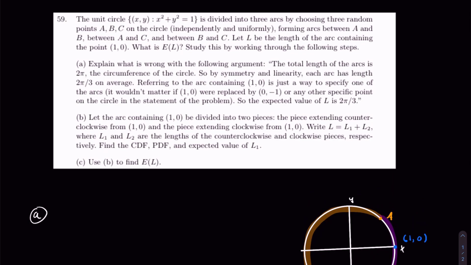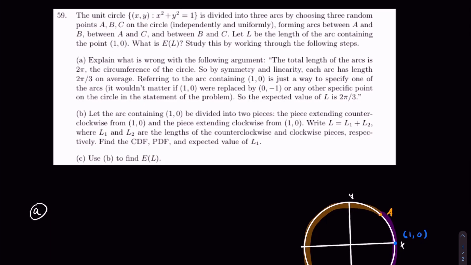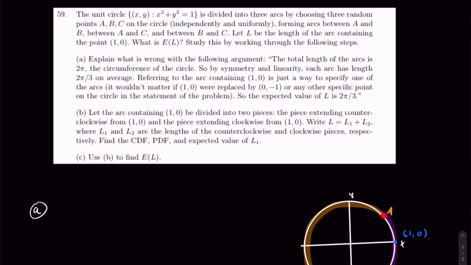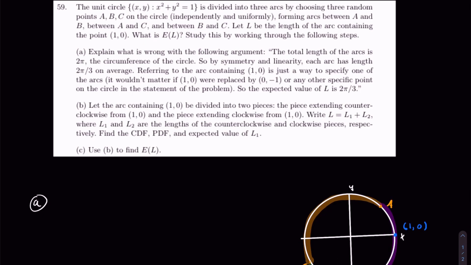In part A, we're asked to explain what is wrong with the following argument: the total length of the circle is 2 pi, so by symmetry and linearity, each arc has a length of 2 pi divided by 3 on average.